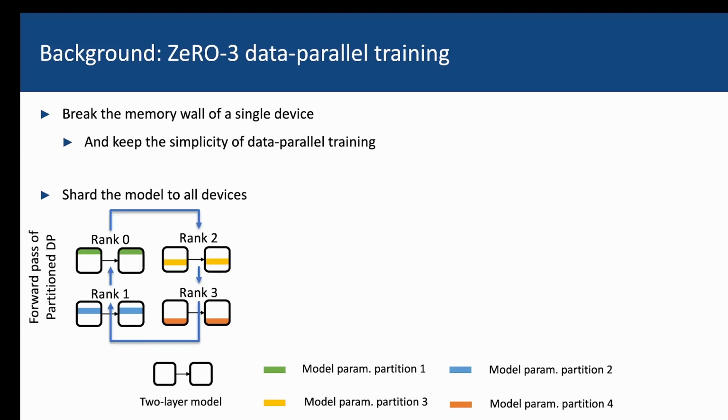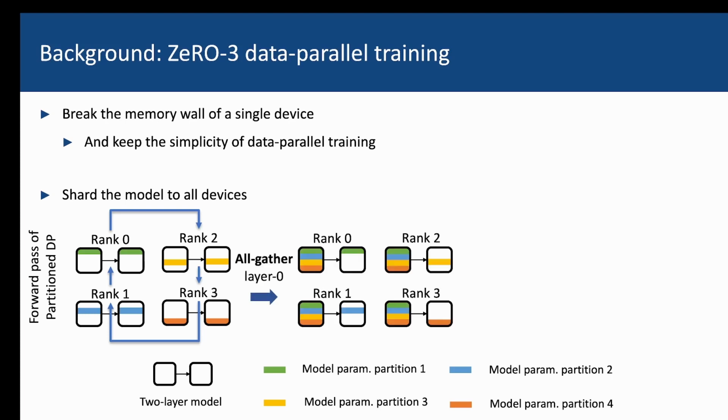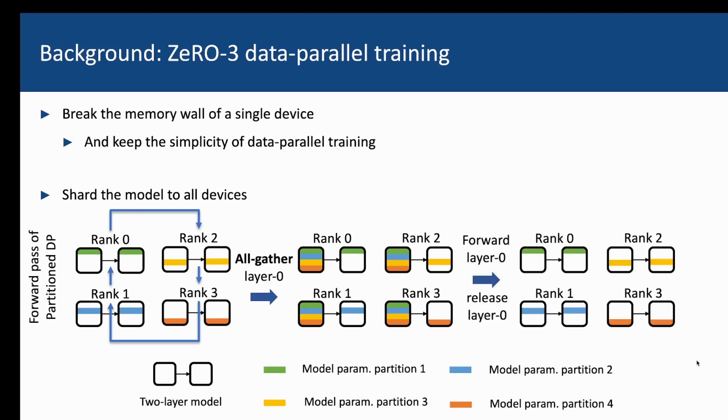To proceed with the forward computation of the first layer, devices need all-gather communication for the first layer. After the all-gather, each device has all four parts of the first layer, and we can proceed with the forward computation. After the computation of the first layer is completed, we release the memory space for the first layer. Then we start all-gathering for the second layer, and so on and so forth.